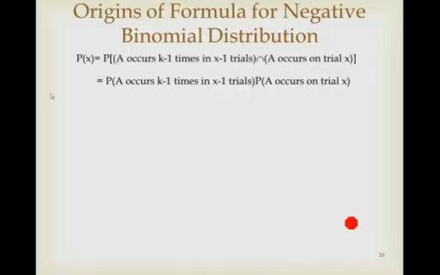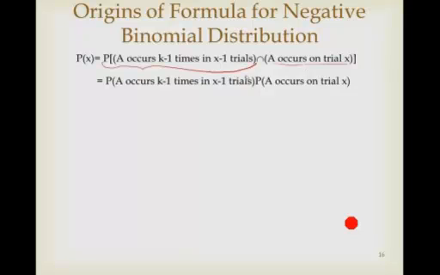We can say the probability of getting some x is that we've got our event occurring k minus 1 times, all the way up to the trial right before the very last one. And then on the very last trial, we also have that event.